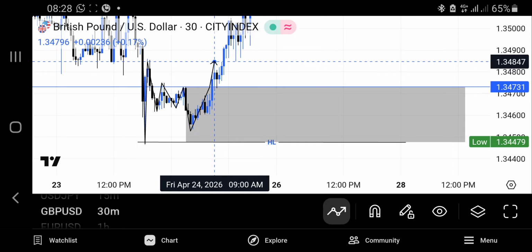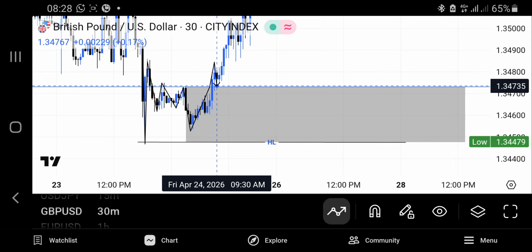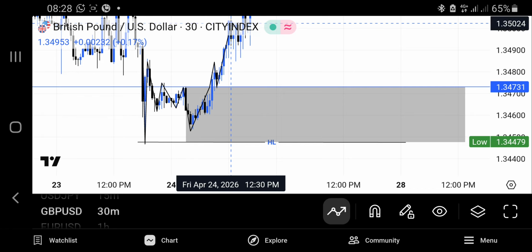You can see the market tested this zone over 2 candles, tested, then boom.